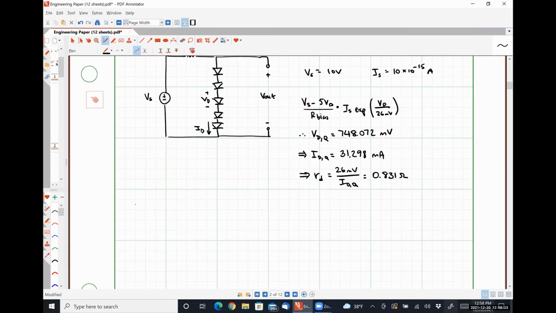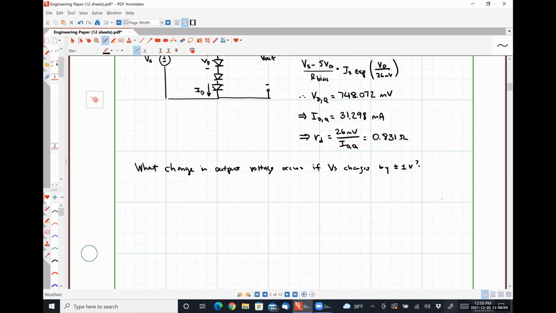So if I asked you, what change in output voltage occurs if VS changes by plus or minus 1 volt, we would analyze that by looking at the following circuit.